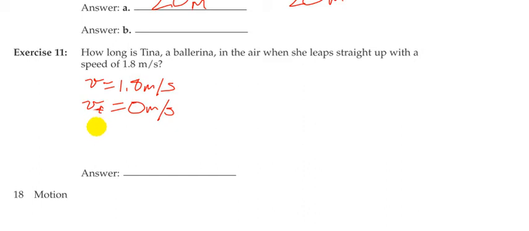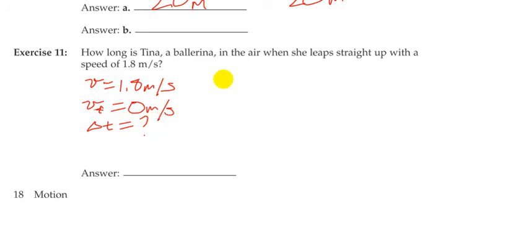We are trying to find the hang time. This hang time is going to be double what we determine in this equation, because the equation tells us how long it takes her to go up. We'll double that to find out how long it takes her to go up and come down.